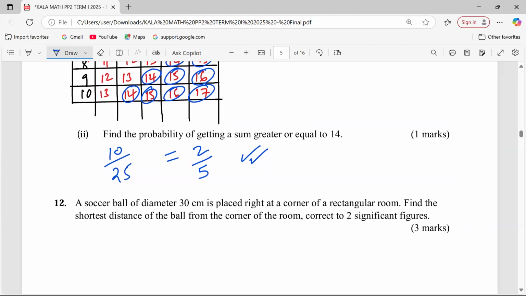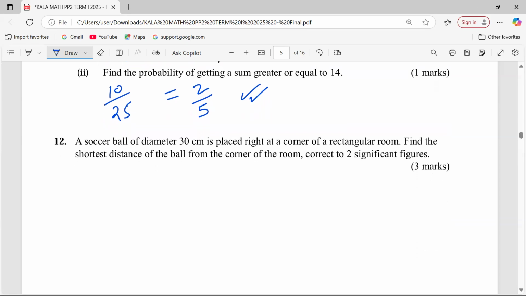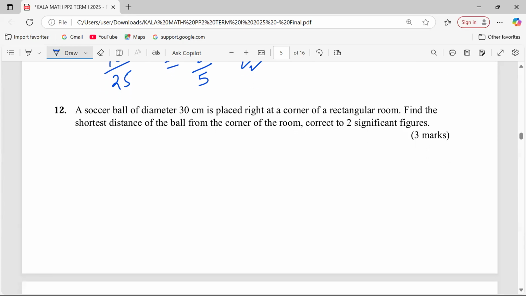Another interesting question in number 12. A soccer ball of diameter 30 centimeters is placed right at a corner of a rectangular room. Find the shortest distance of the ball from the corner of the room, correct to two significant figures. Let me sketch this information for you.